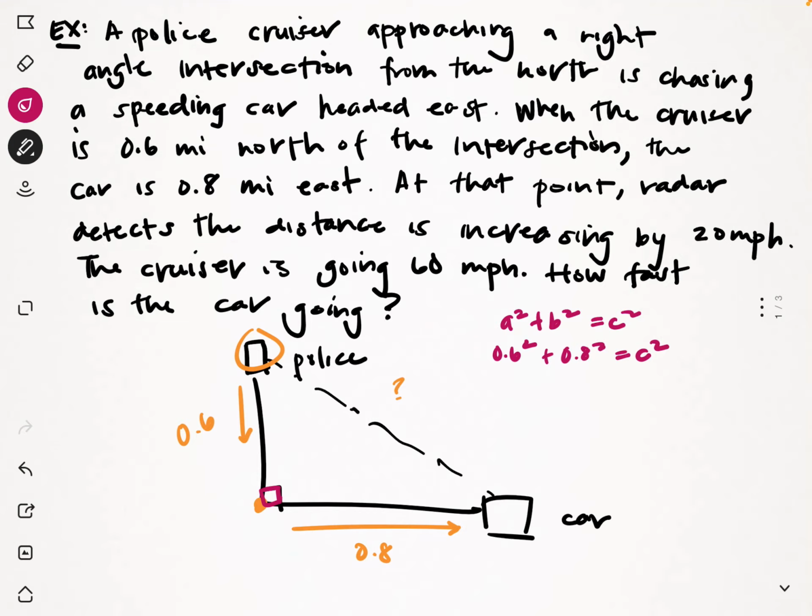So 0.6 squared is 3.6 plus 6.4, which is 1. Wait, I didn't do that right. 0.36 plus 0.64, which is 1. And therefore c is going to be 1. So we know that's 1. This is going to help us as we continue on with this.